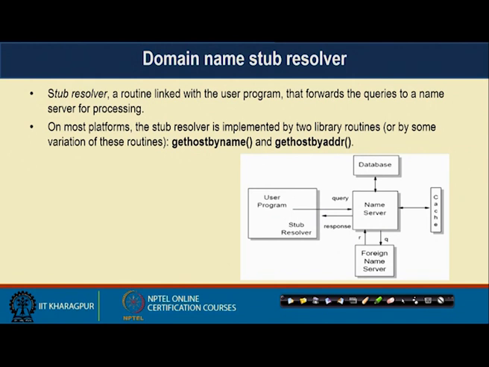On most platforms the stub resolver is implemented by two library routines or some variation of these, like gethostbyname, which most Linux systems support, and gethostbyaddr is another routine. So, in this case the resolver is embedded in the user program, unlike the full resolver, and then it goes directly to the name server. So, it is much faster, popular, and mostly used.